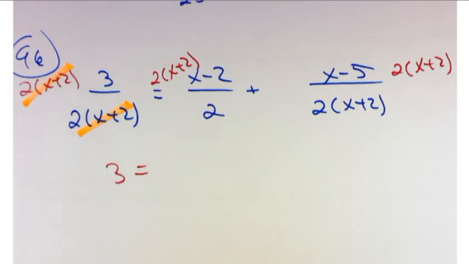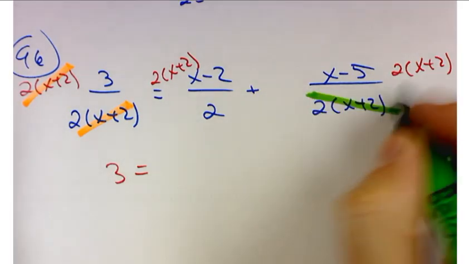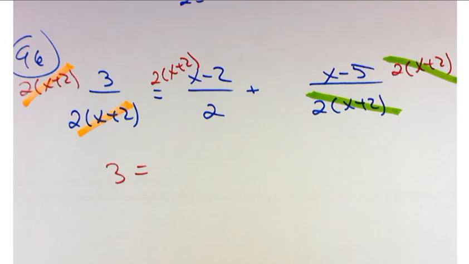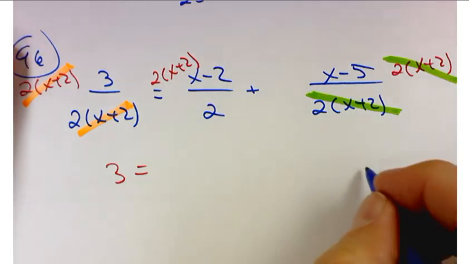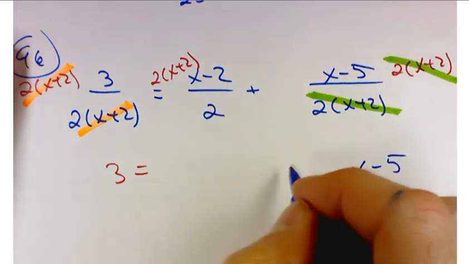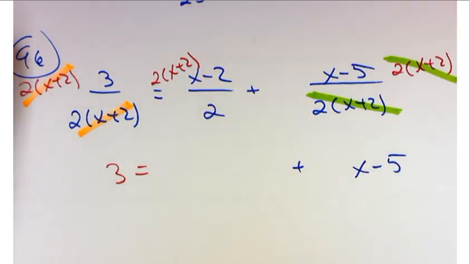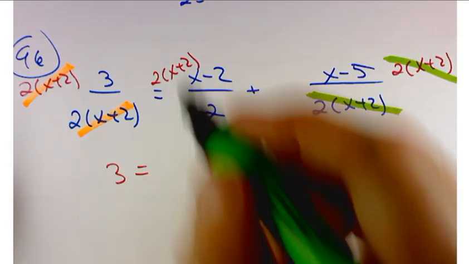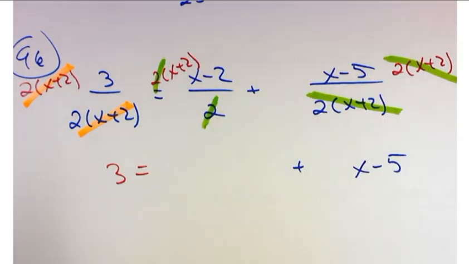And on the right-hand side, let's do the easy one first. I'll be left with an x minus 5 over here. What happens with the middle term? Good. The 2's cancel. You're left with x plus 2 times x minus 2.